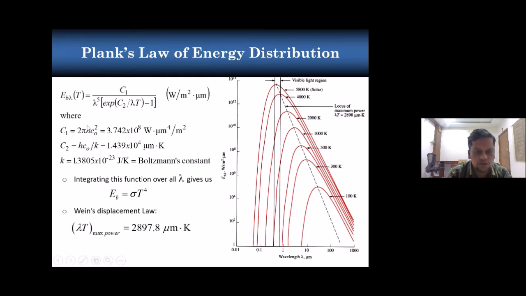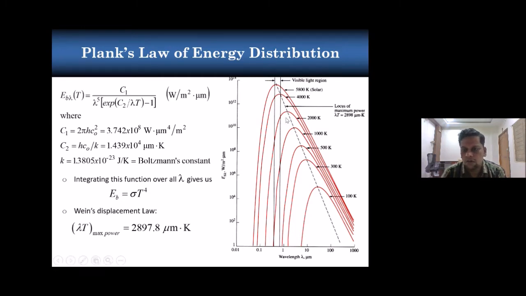This expression shows the Planck's energy distribution, the infrared energy distribution over the wavelength. Now if you integrate this energy distribution over the wavelength range, you will get the Stefan-Boltzmann equation, which tells you about the total energy content within the wavelength band, that is directly proportional to the fourth power of temperature.